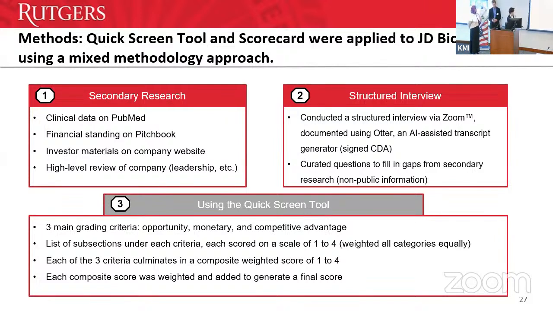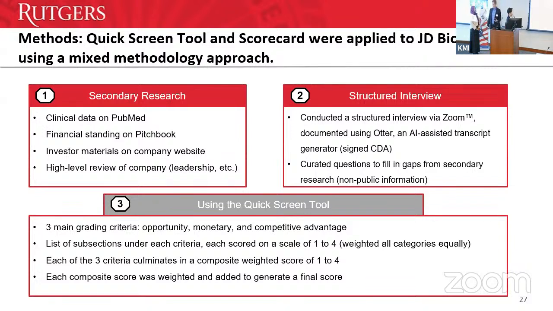Just to highlight a couple of things, when we did our public search or secondary research, we used resources such as PubMed, PitchBook, as well as some publicly available data on their website. That provided us with a trove of publicly available data and helped us do an initial assessment of the company. And then we identified gaps.